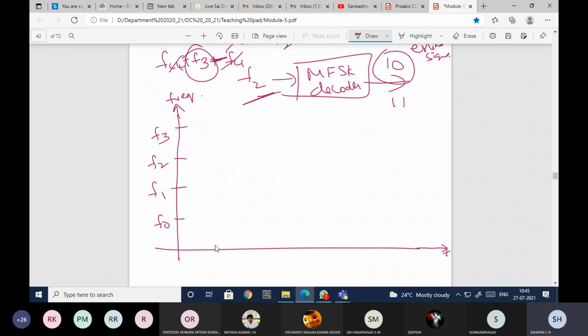Let me write the time as TS, 2TS, 3TS, 4TS, 5TS, 6TS, 7TS, 8TS, 9TS, 10TS. This duration should be the same. Let me take the dotted line.